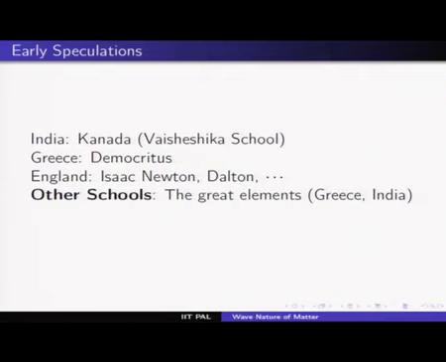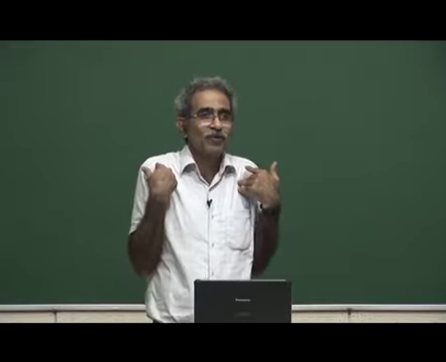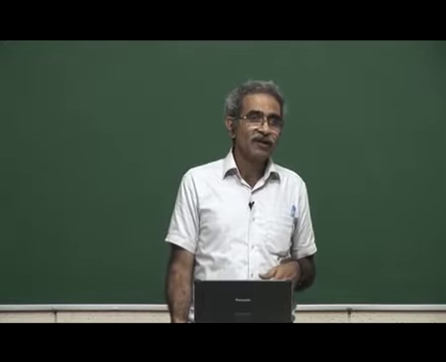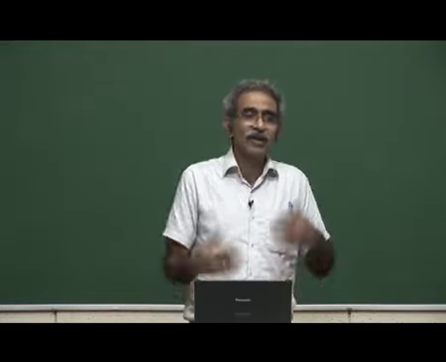So the big question that philosophers and scientists have asked is: what are the ultimate constituents? Now, when I speak of ultimate constituents of matter, there are two things we have to worry about. Those ultimate constituents must somehow become perceptible to me. I must be able to feel them. I cannot say that matter is made of an ultimate constituent which nobody can ever know anything about.